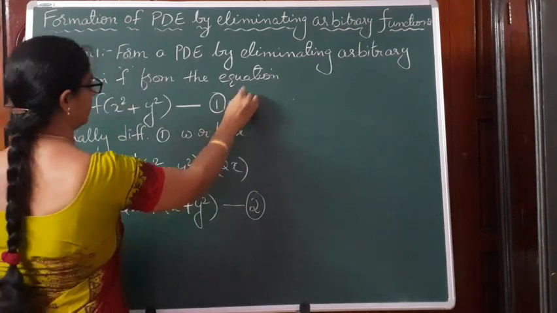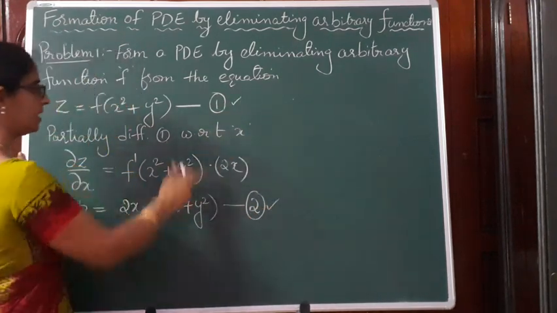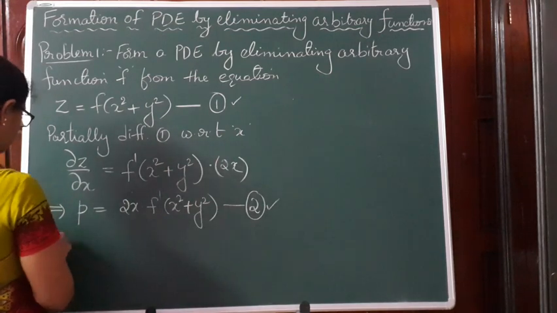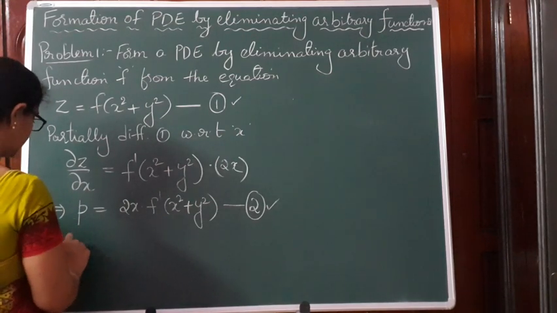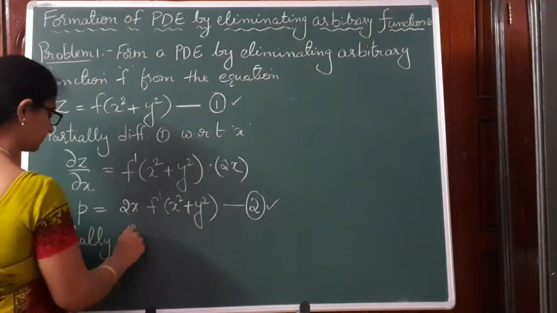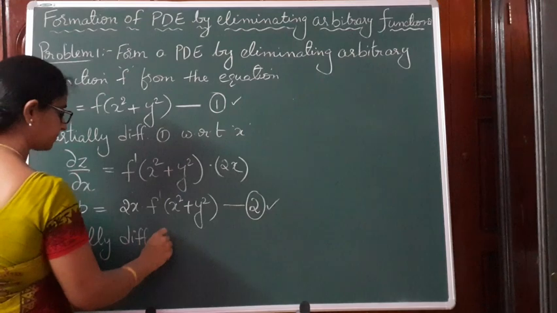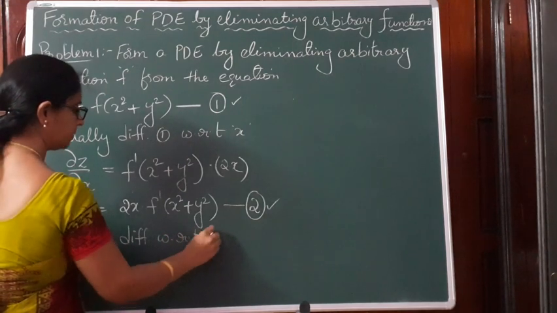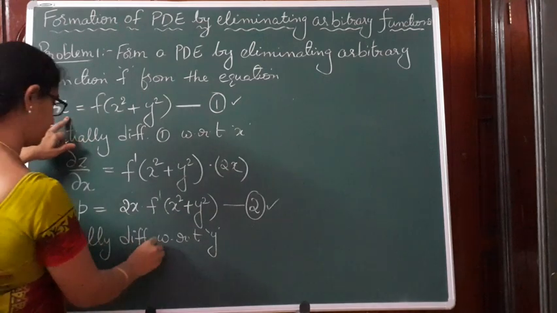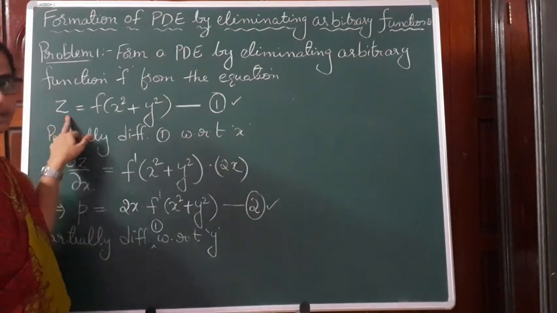So here we have the given equation 1 partially differentiated with respect to x, and we call this equation number 2. Now partially differentiate equation 1 with respect to y.